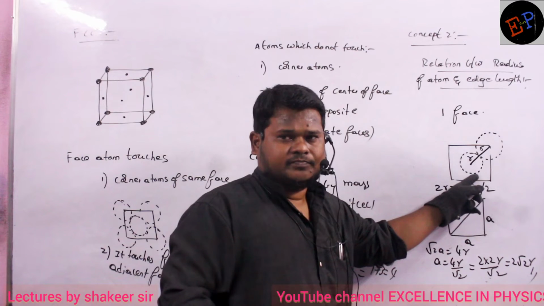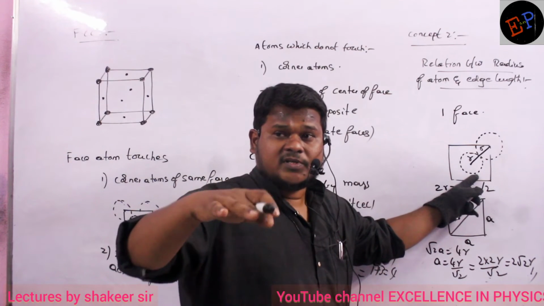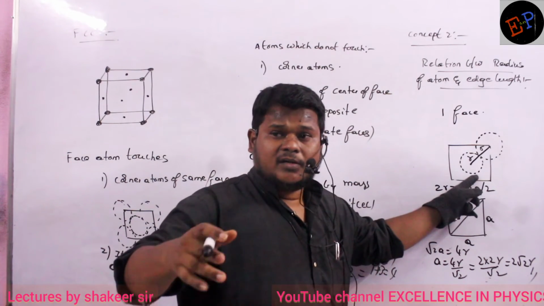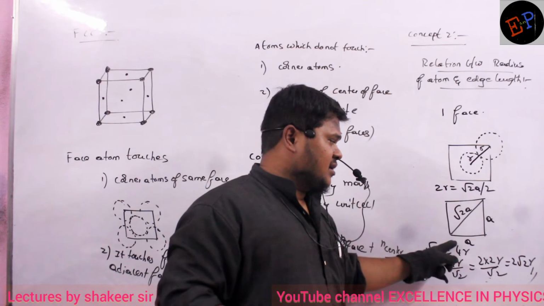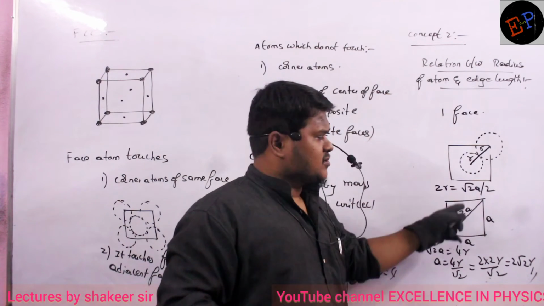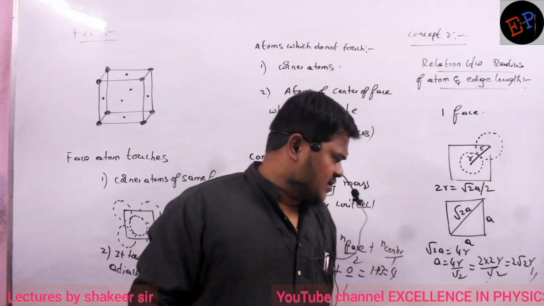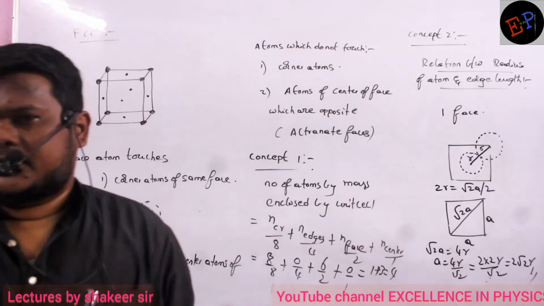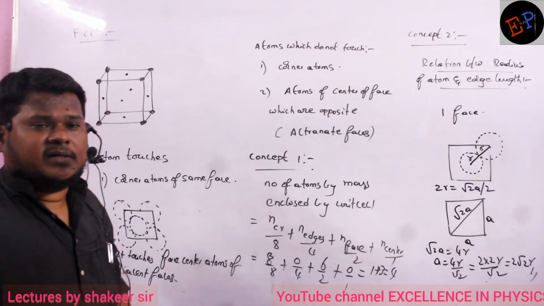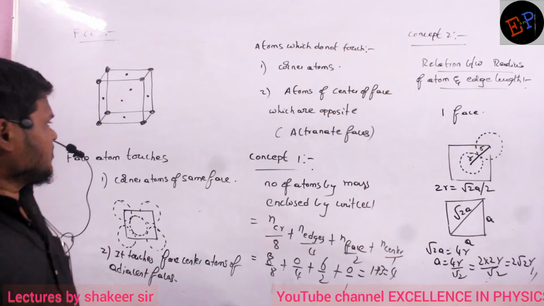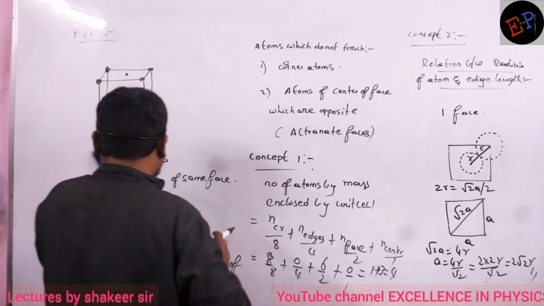They are in a straight line, no? And that straight line is present where? That straight line is present on the face. And face diagonal length is root 2 into a. So this distance is exactly half of that. Are you able to understand? So therefore this is the relation between radius of the atom and edge length. Understood, ma? Okay. So next calculation I will write here.